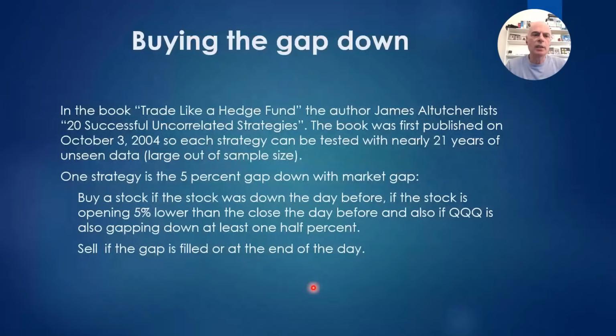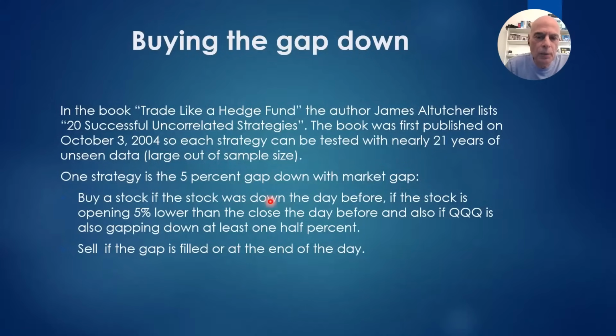So here's the basic idea. You buy a stock when the day before was down, and today the stock is opening with at least a 5% gap relative to the close the day before.